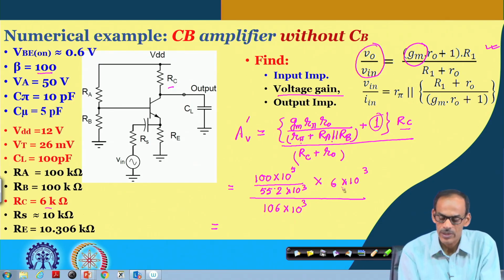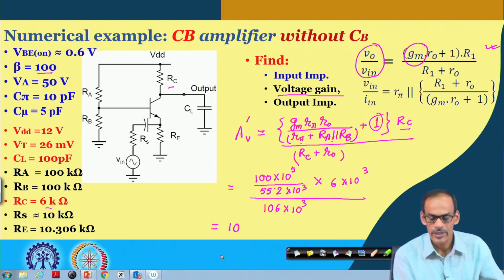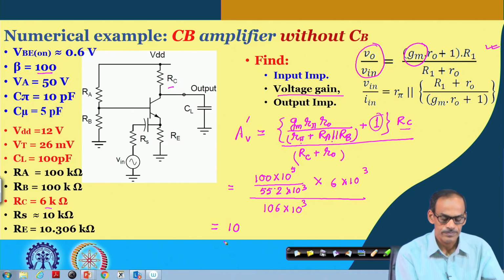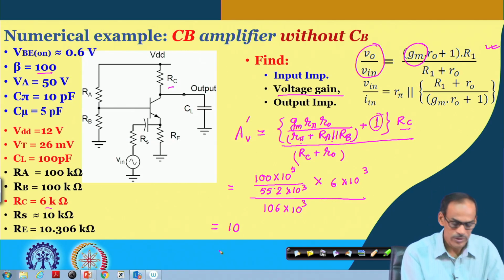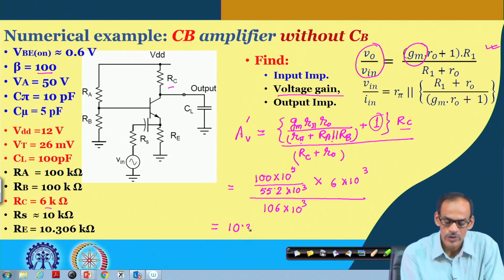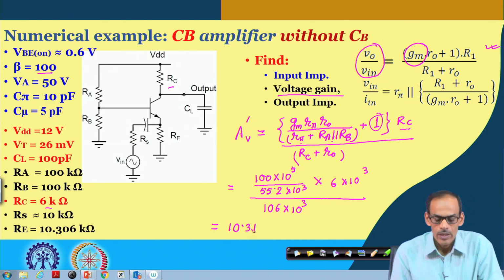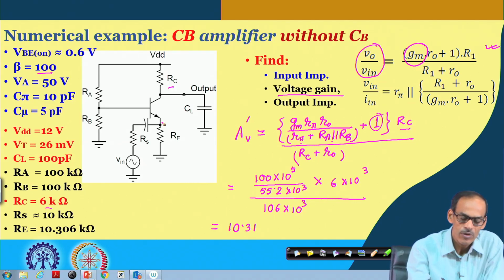In fact, you can calculate this one, that gives you a voltage gain around 10 point something. In fact, again for this also I have done the calculation for you. So, in my calculation it was 10.31.